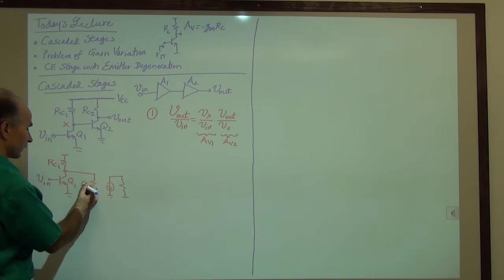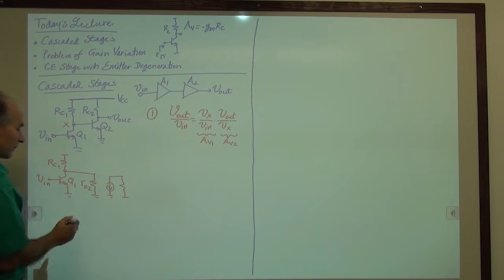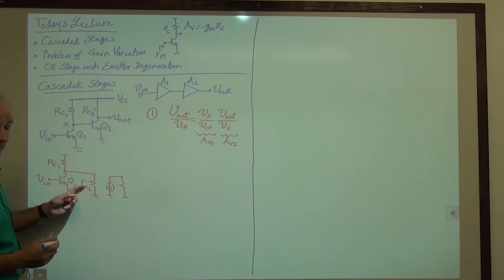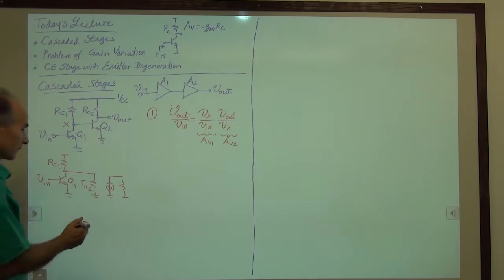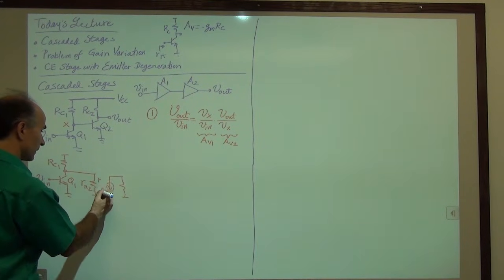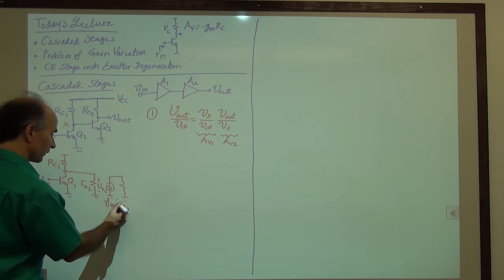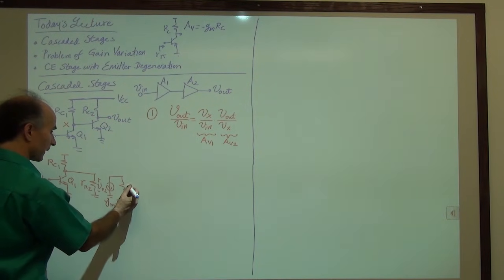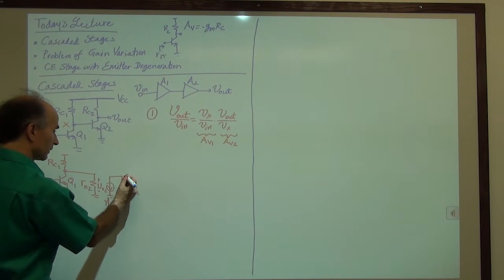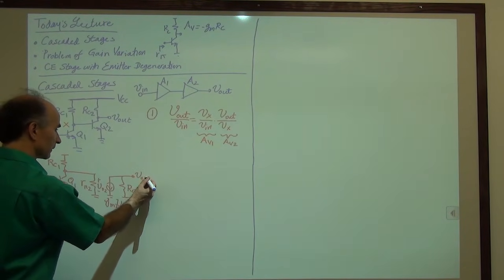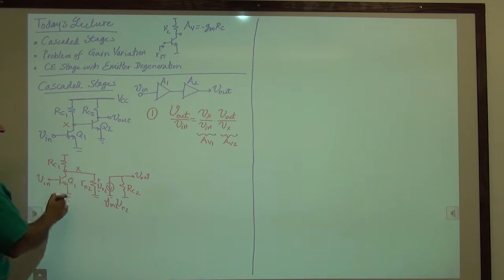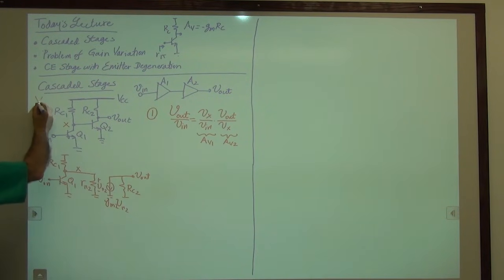And this is R pi 2 to distinguish it from R pi 1. This is the small signal model of the second transistor. This is V pi 2. And then this current source here is GM2 V pi 2. And then this resistor is RC2. And this is the output. This is node X. And as usual, I'm assuming the early voltage is infinite.